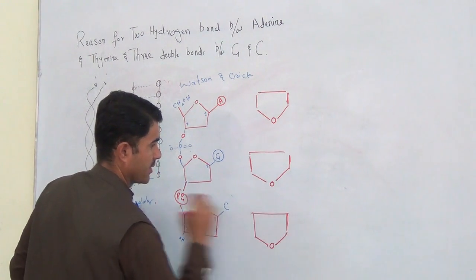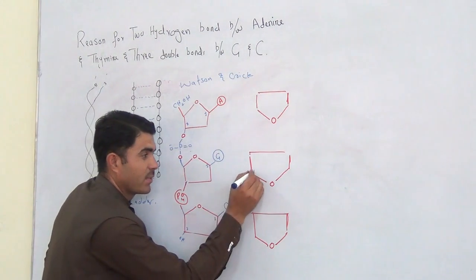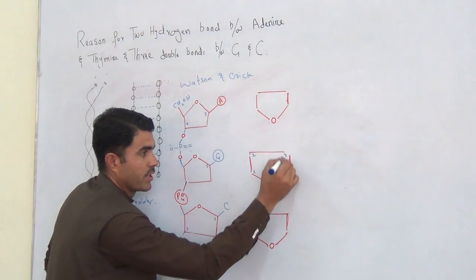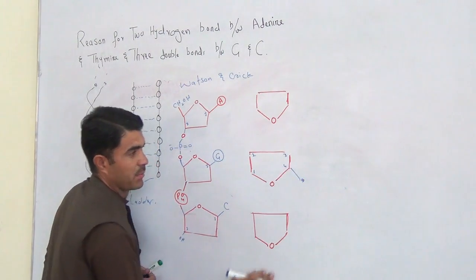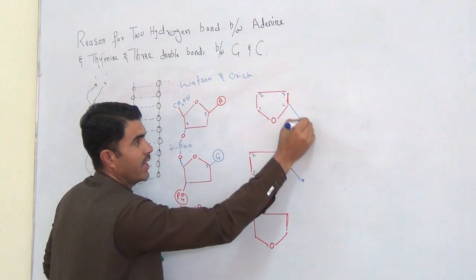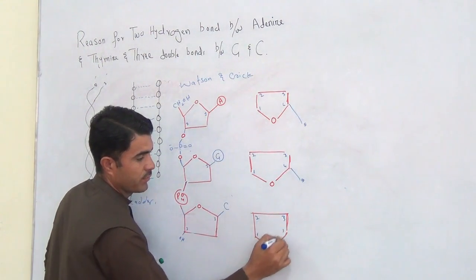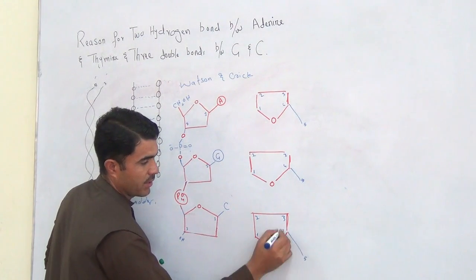Okay, yes. This time that is carbon number 1, 2, 3, 4, and this is carbon number 5. 1, 2, 3, 4, and this is carbon number 5. 1, 2, 3, 4, and this is carbon number 5.